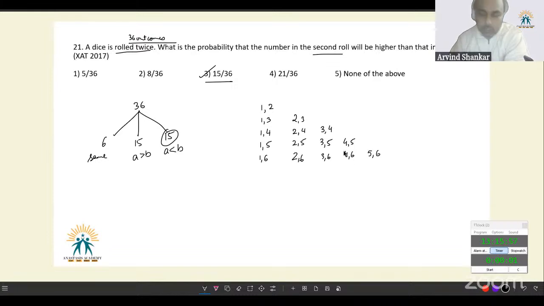So I have 1 plus 2 plus 3 plus 4 plus 5. We have 15 favorable cases out of a total of 36 cases when two dice are rolled.